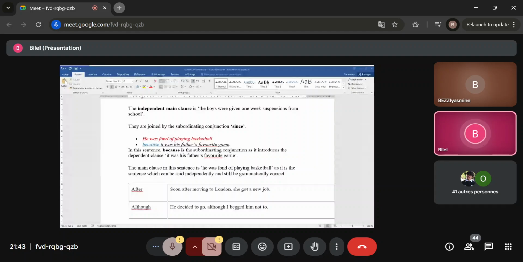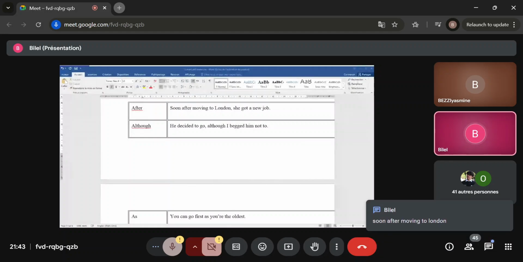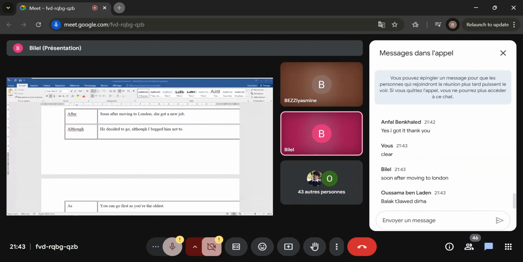So the first one, when we read, for example, soon after moving to London. When you read this part of the sentence, soon after moving to London, does it have a complete thought, a complete meaning?